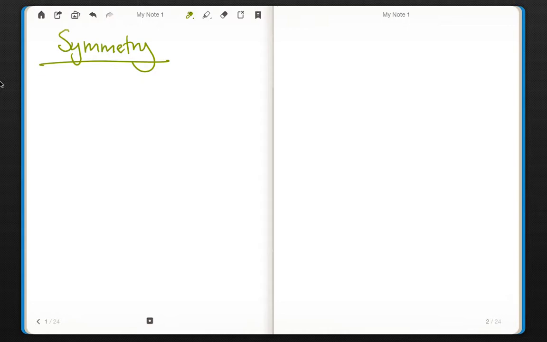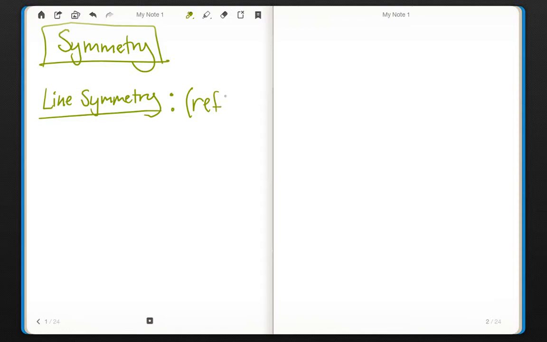And let's focus on our line symmetry first. Another name for it is a reflection. So you're reflecting it over a line. And you may have heard that term, a reflection, like a reflection in a mirror. It's a mirror image.